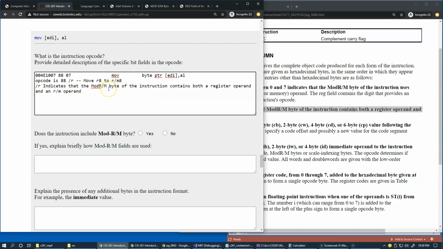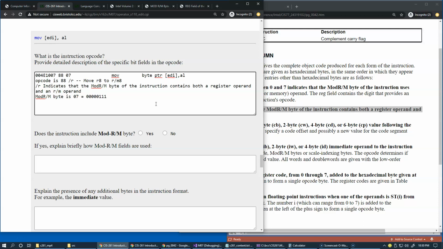So in our case, mode RM byte, we'll just write like this, is 07. It follows the opcode byte, which means that of course it's 0000 and then 0111, right?